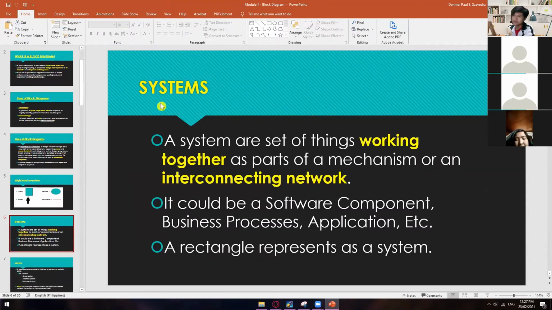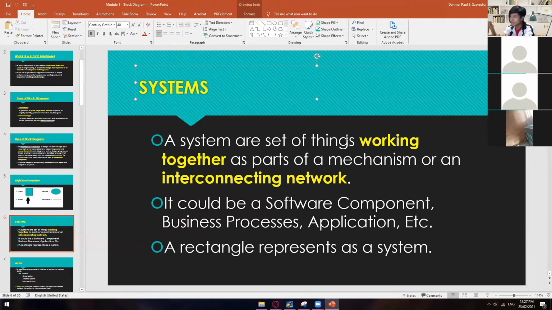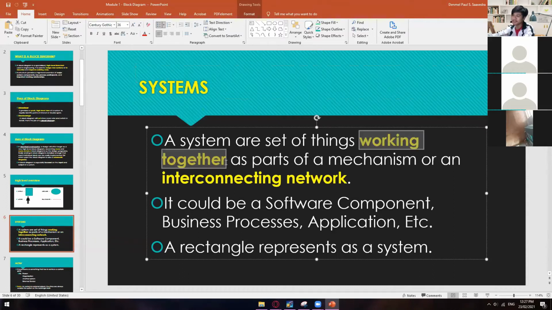Anyway, so let's discuss what systems are. A system is a set of things working together. We don't know what's inside of that block diagram as long as it's working properly, then it's okay.